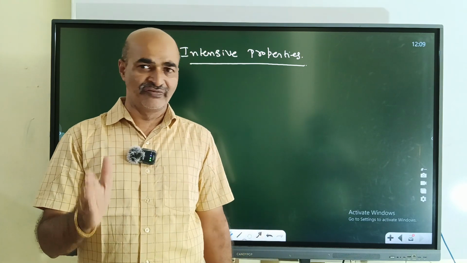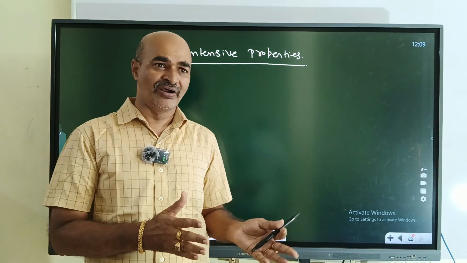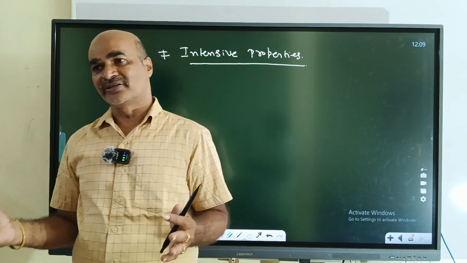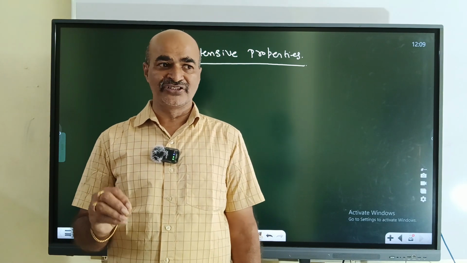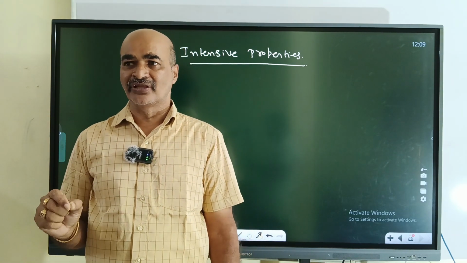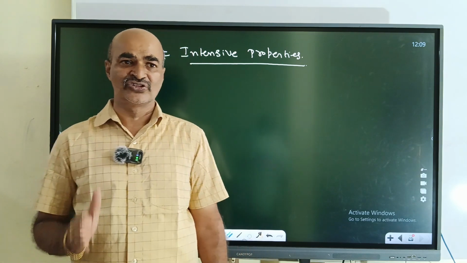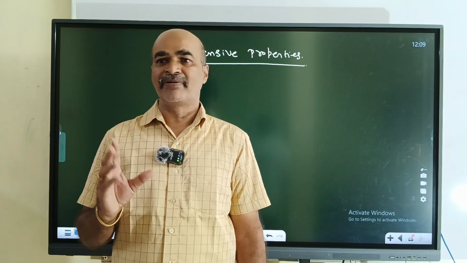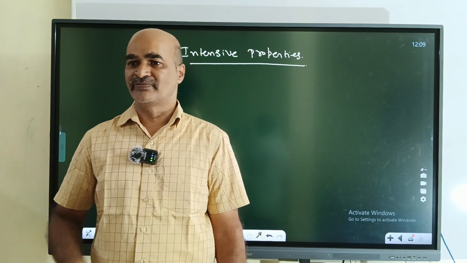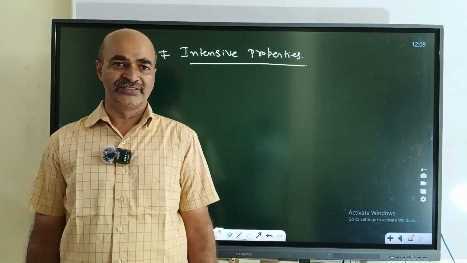When this room is divided into two parts, one part pressure is 1 atmosphere and the pressure of the other part is also 1 atmosphere. So, the pressure does not depend upon the size of the room. When this room is divided into small parts, if you take any small part, the pressure is constant, 1 atmosphere. Such properties are called intensive properties.